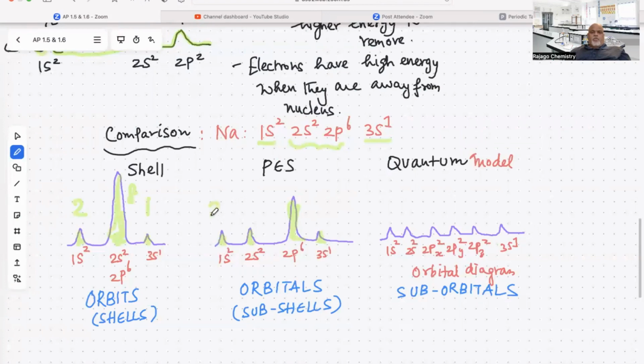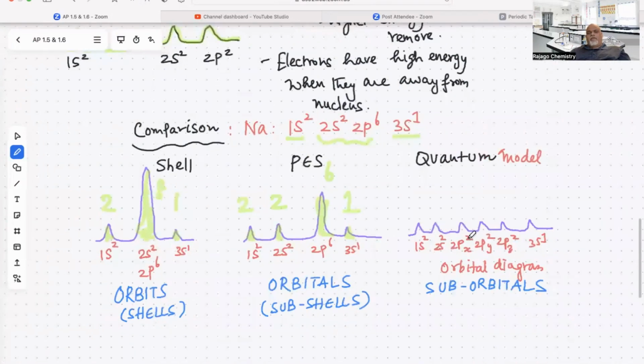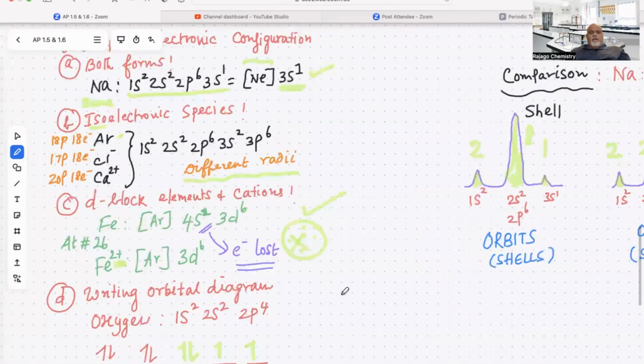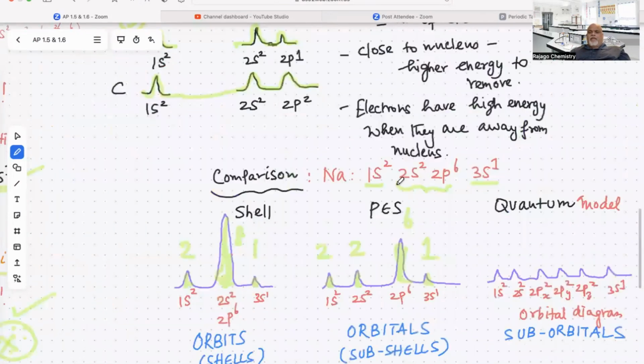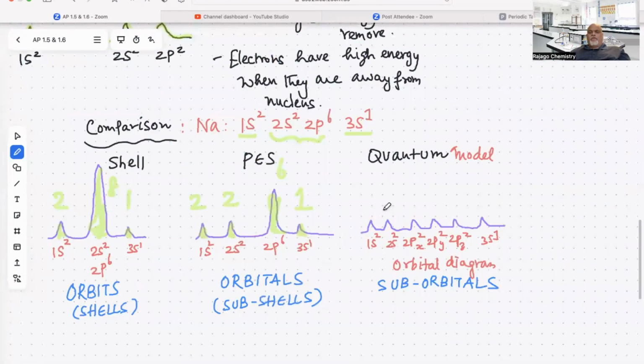Here it shows 2, 2, 6, 1. If it is a quantum model, it will split like in the orbital diagram we looked at earlier, so everything will look like 2: 1s2, 2s2, and all the p's are also 2px2, 2py2, 2pz2, and 3s1. So it will look like this.